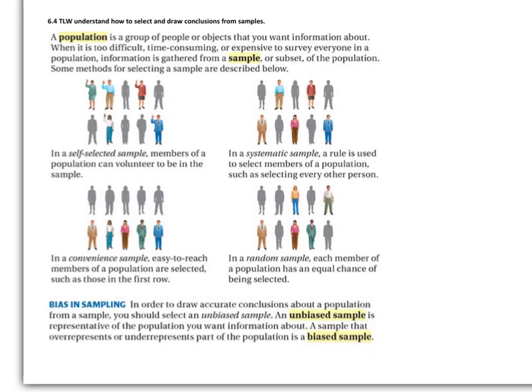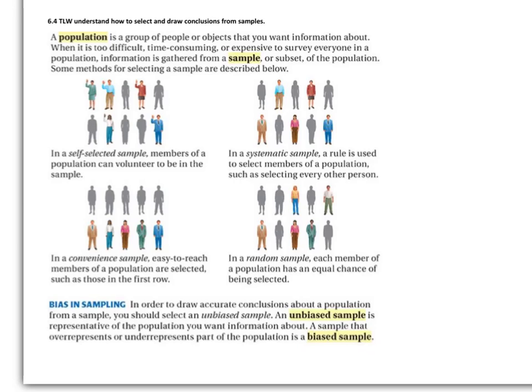So think about restaurants that do surveys right outside their restaurant, asking, do you like going to this restaurant? Well, they're already at the restaurant, so they must like it, or they must have known about it. So that produces a biased sample.